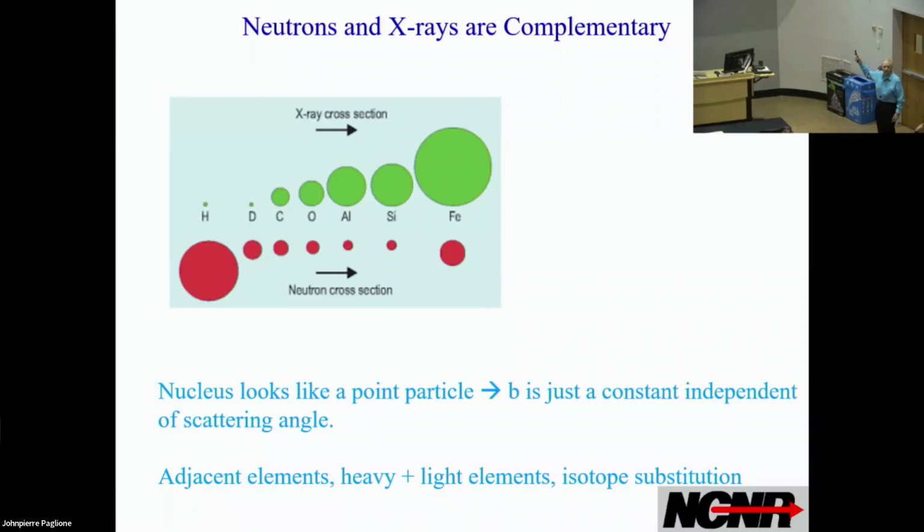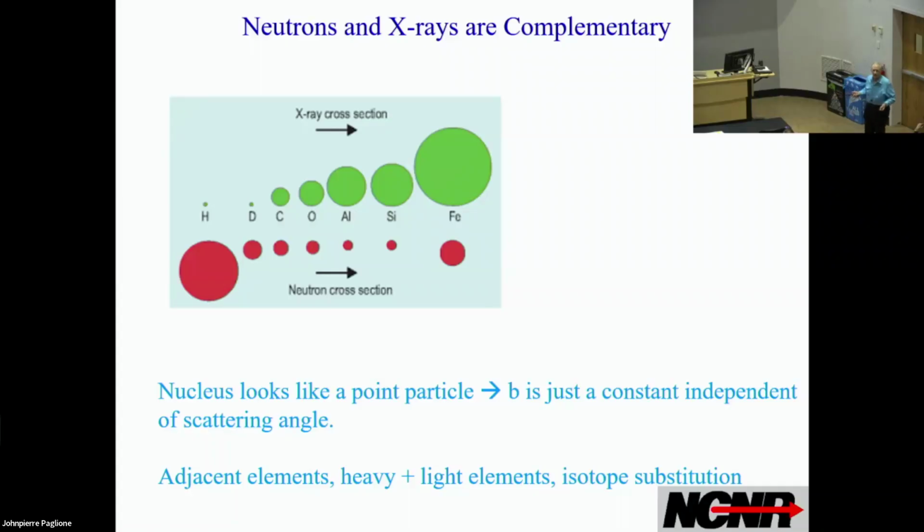Anyway, X-ray scattering, you scatter off the electrons. So you start at hydrogen, you've got 1 electron, unless it's ionized, then you've got 0 electrons. So you can't see hydrogen with X-rays. But as you go up the scale, you get more and more electrons scattering strongly. Neutron scattering is very different. It's a nuclear process, and the big red circle there is the hydrogen scattering.